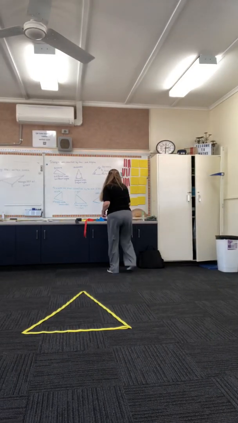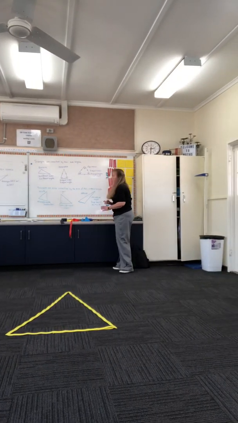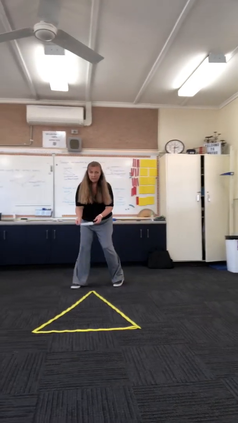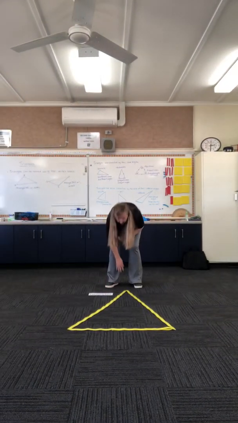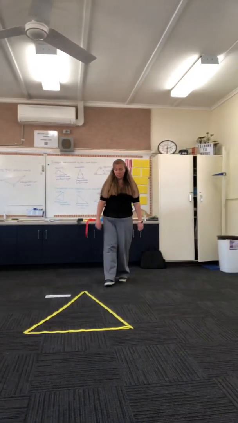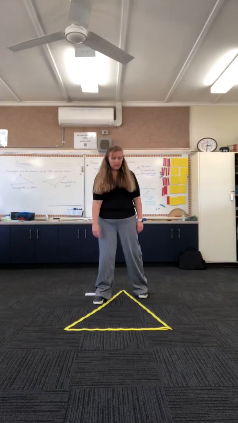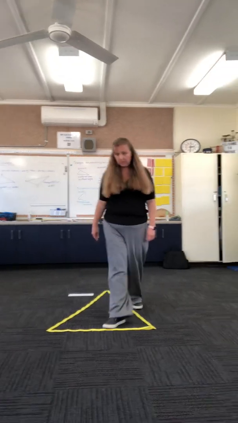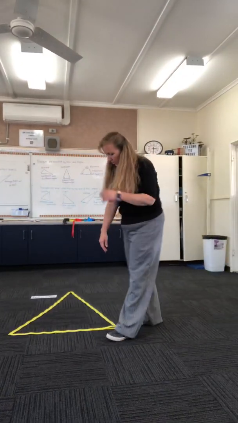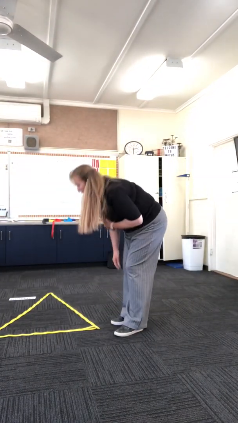Okay, we now have an isosceles triangle. With our isosceles triangles, this side and this side are the same length. This side is a different length. Okay, this one is a different length.